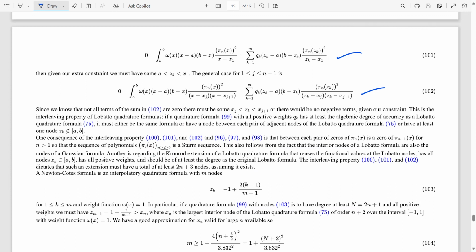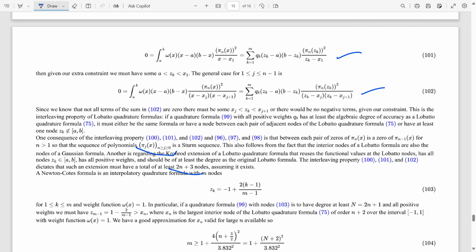This interleaving property implies that the sequence of orthogonal polynomials in decreasing order of degree is a Sturm sequence, also a Kronrod extension that reuses all the Lobatto nodes and has all the nodes within the closed interval of integration and all weights positive and degree at least as big as the Lobatto formula, and one node not equal to any of the Lobatto nodes must have at least 2n plus 3 nodes.